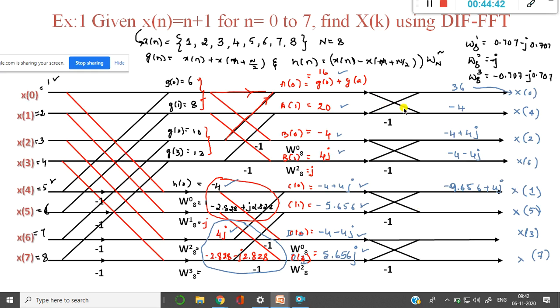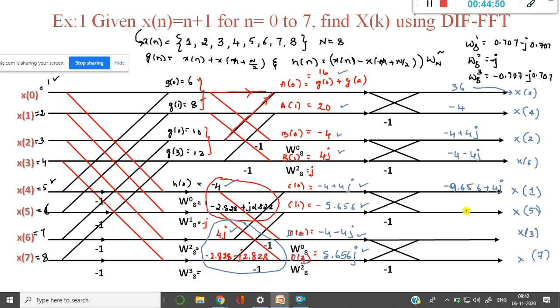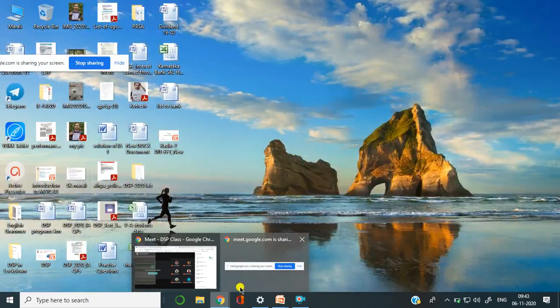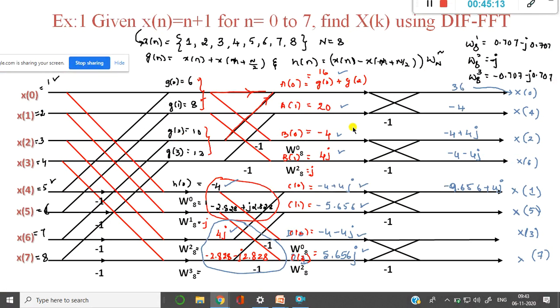Okay, x of 5. Can anyone write the answers for what is the value of x of 5?